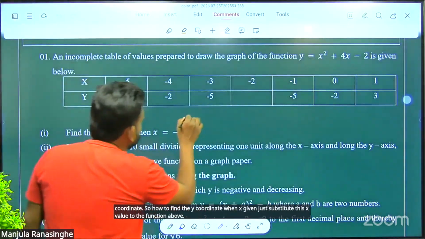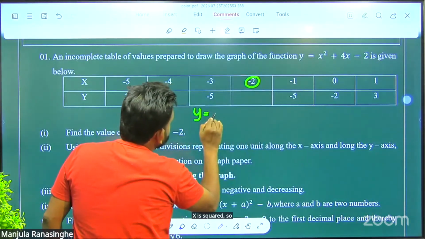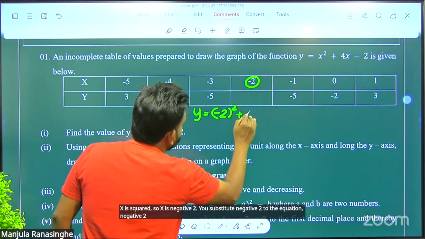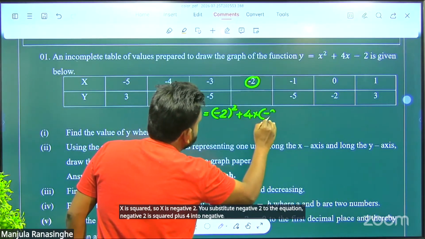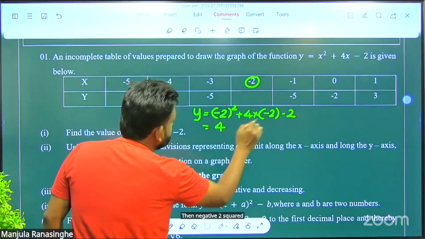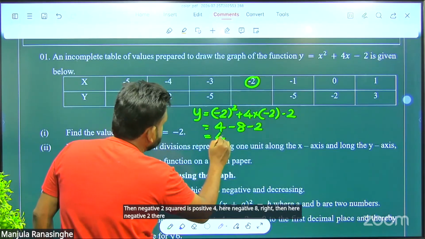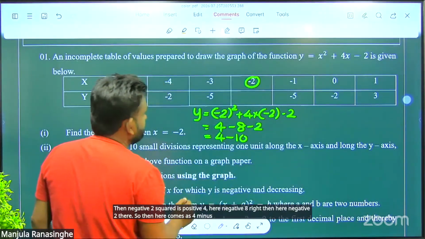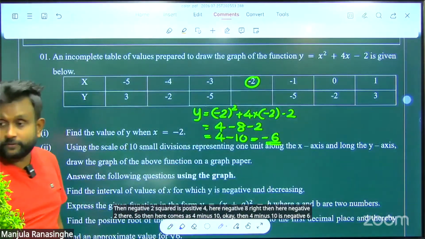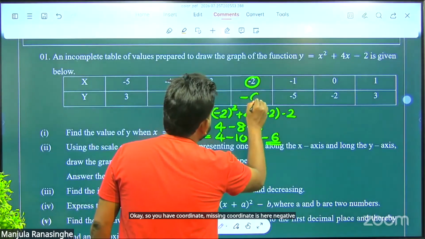So y equals x squared plus 4x minus 2, with x equal to negative 2: negative 2 squared is positive 4, plus 4 times negative 2 is negative 8, then minus 2. So 4 minus 10 is negative 6. The missing coordinate is negative 6.